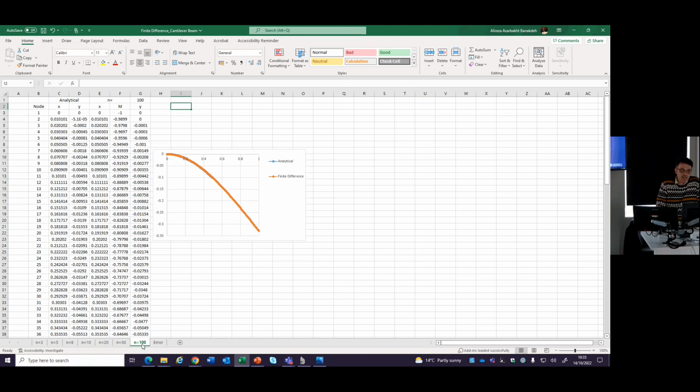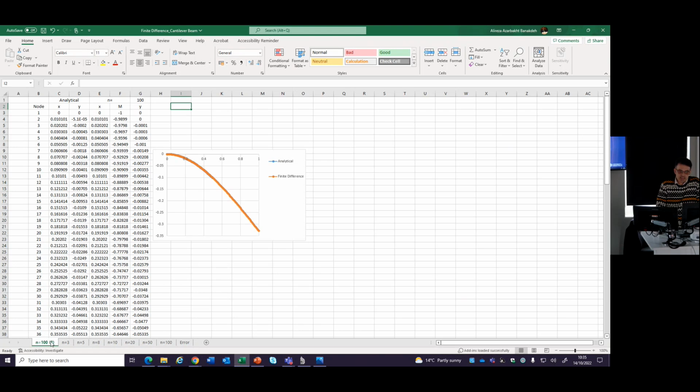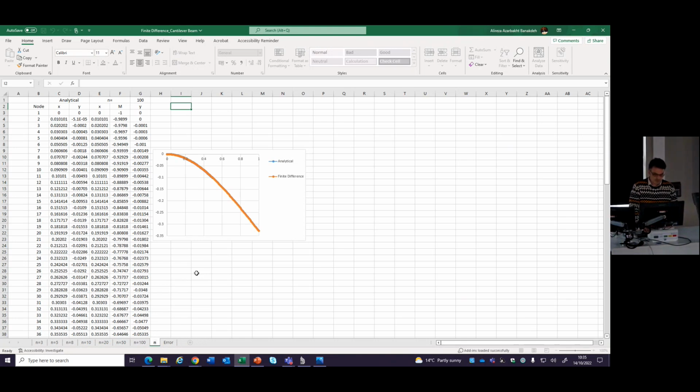Right? And if you want to repeat it for 200, you can either work with the same sheet, or you can simply right-click here and say move or copy, and choose create a copy. Okay, it creates an identical copy of this one. I just put it beside it just to remember. This is an identical copy, and you can rename it if you wish, for example, equal to 200.